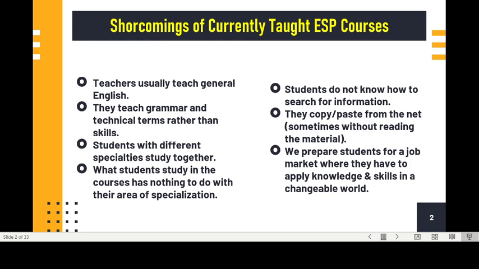They put all the students together in one classroom and teach them the same material regardless of their area of specialization. What students study in the course has nothing to do with their area of specialization, whether it's engineering, economics, textile industry, or technology.